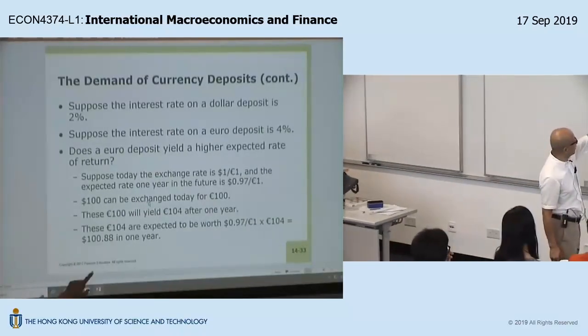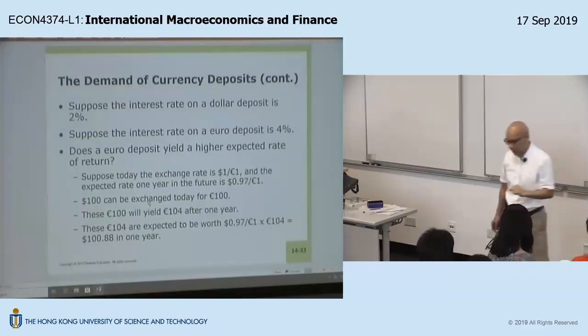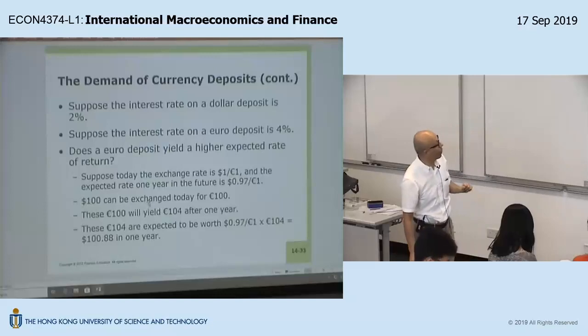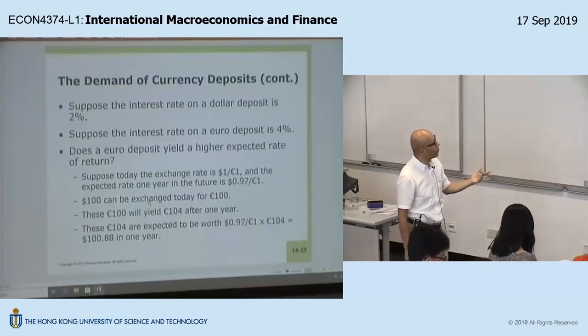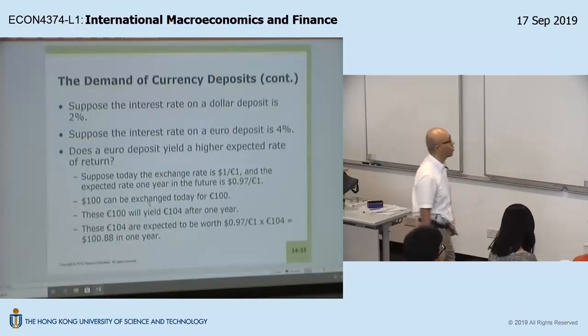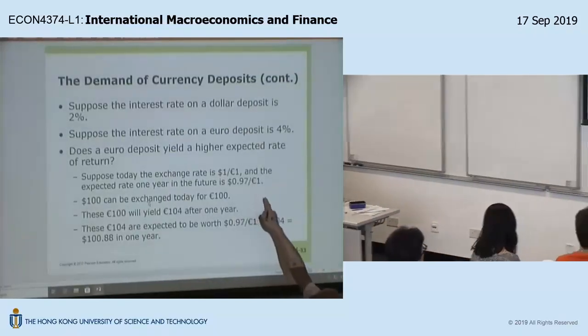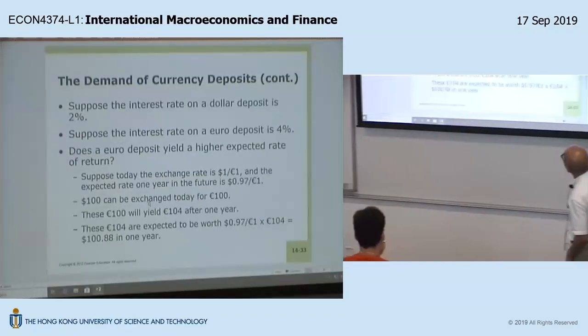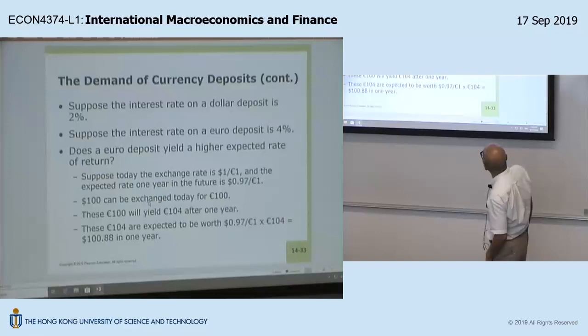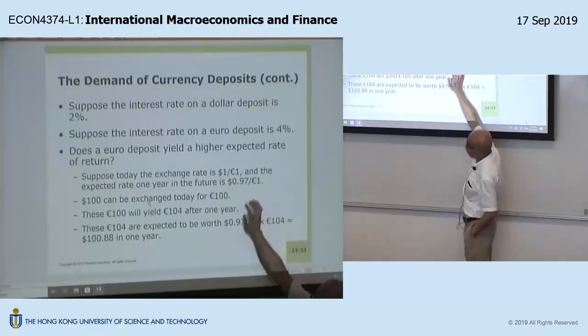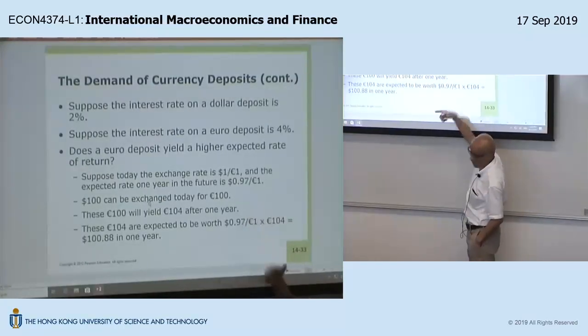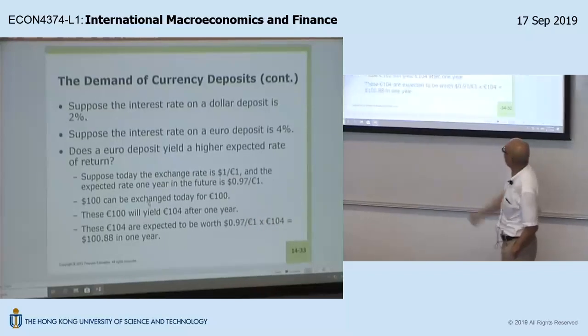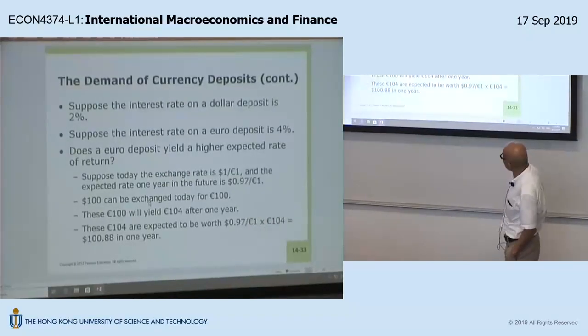You expect that 1 year from now the exchange rate is going to change from $1 per euro to $0.97 per euro. So what does that mean? 1 year later, each euro can buy less dollar. That means you expect that the dollar will actually appreciate.